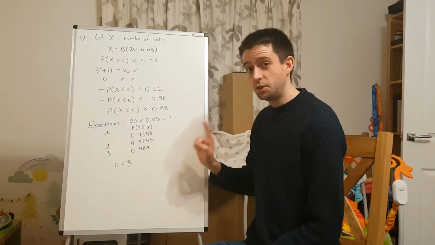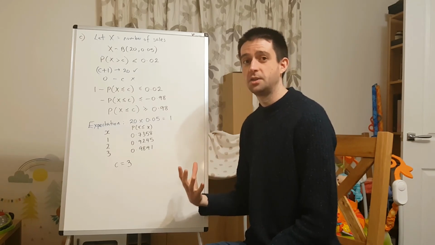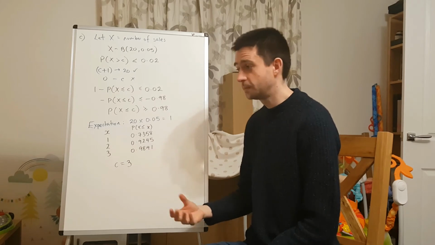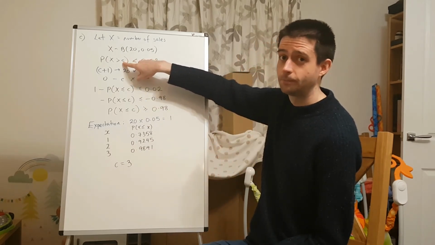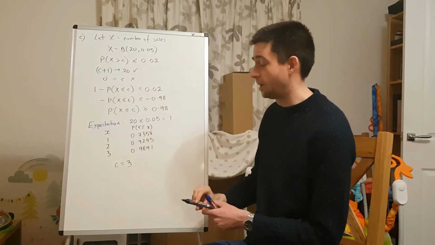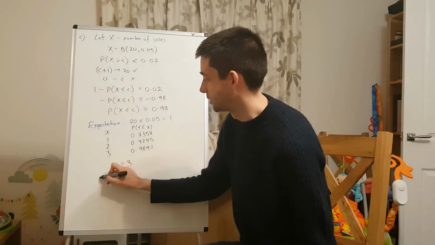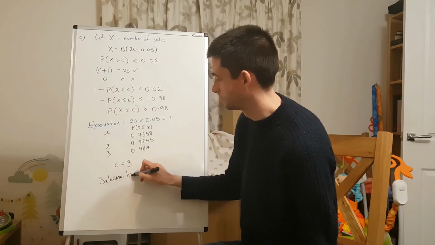However, that is not my answer, because the question very clearly says how many cars does the salesman have to sell to get a bonus, and they have to sell more than C. So if they've got to sell more than 3 cars to get a bonus, the salesman must actually have to sell 4.